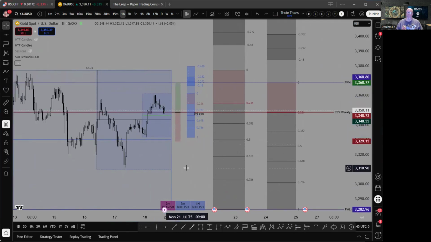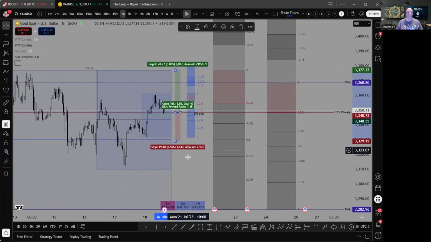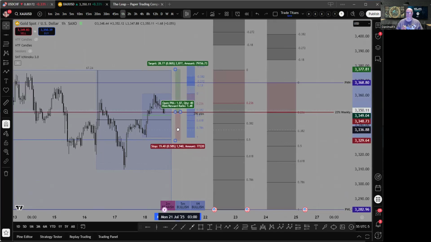You're still talking about a one-to-one trade. Or you can take it to the high. So we could look at a trade similar to that, that could work, or come back down and bring it down to the 50%, right about there.